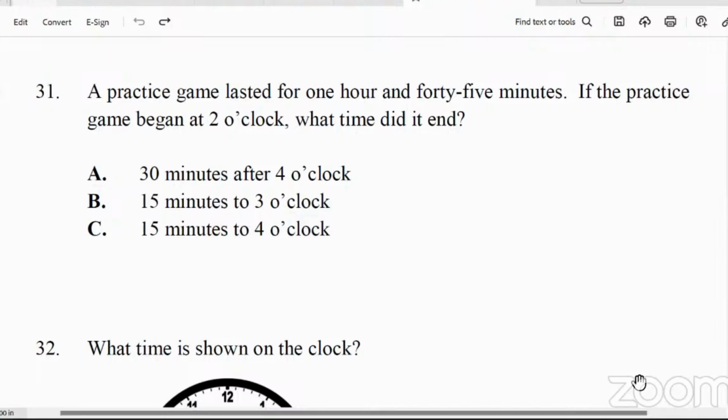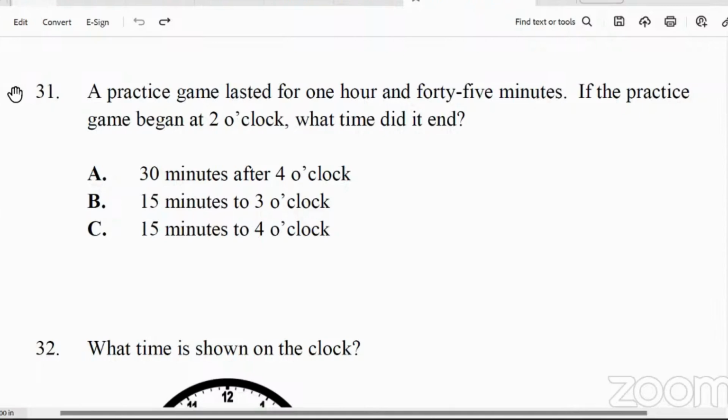A practice game lasts for 1 hour and 45 minutes. If the practice game began at 2 o'clock, what time did it end? Okay, so the game lasted for 1 hour and 45 minutes. All right, so what we would need to do is to add 1 hour to 2 o'clock. So from 2 o'clock, we will calculate another hour.